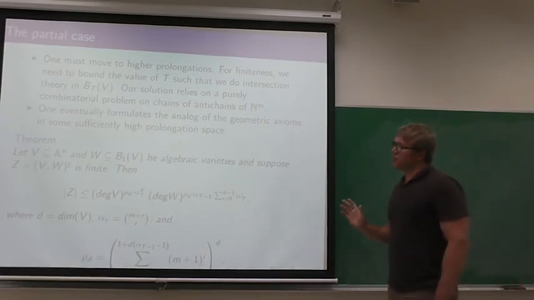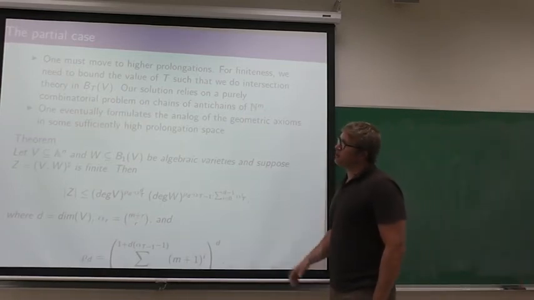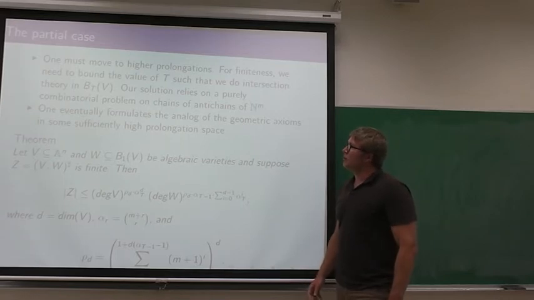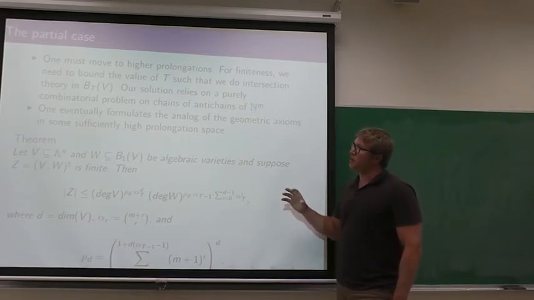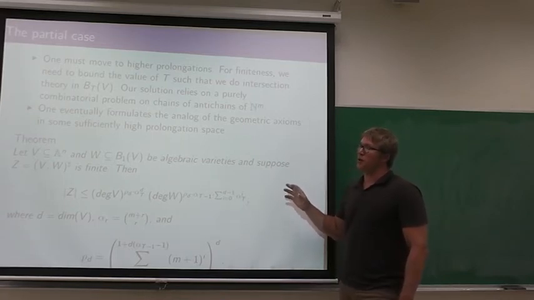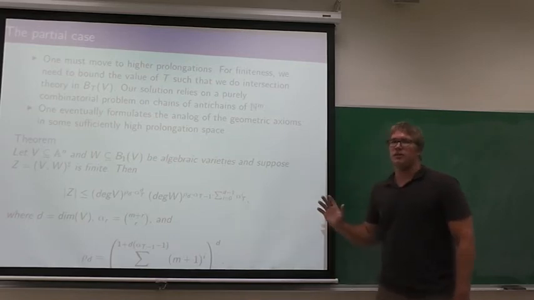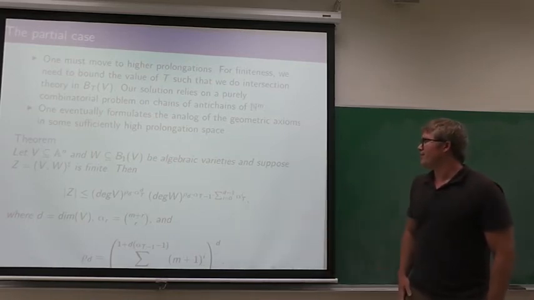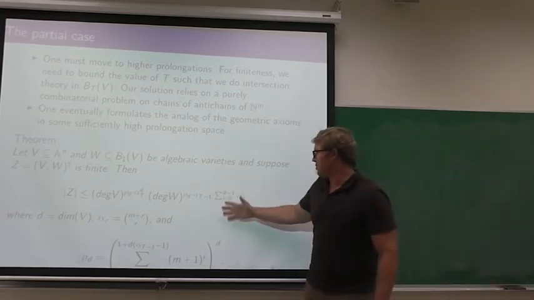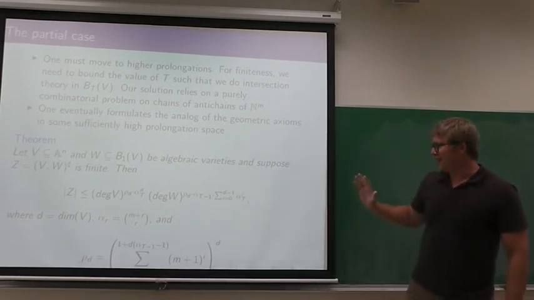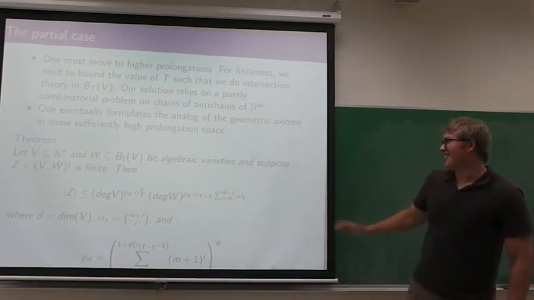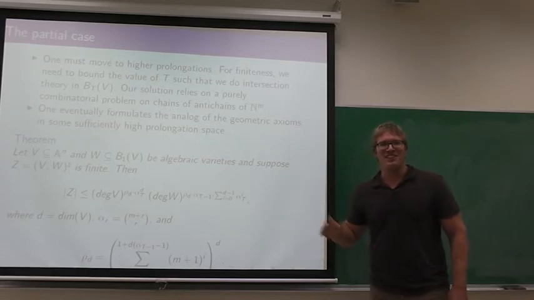Our solution followed some pretty recent work of David Pierce. In order to solve this problem, you have to solve a purely combinatorial problem, which has to do with orderly rankings, if you think about it correctly. So, here's the theorem. I don't want to explain everything because I think I'm pretty much out of time.